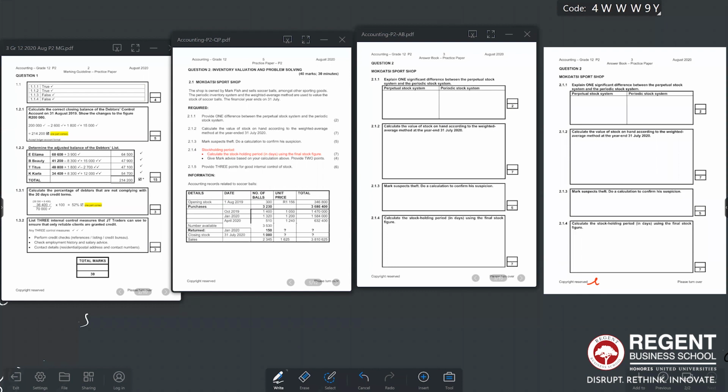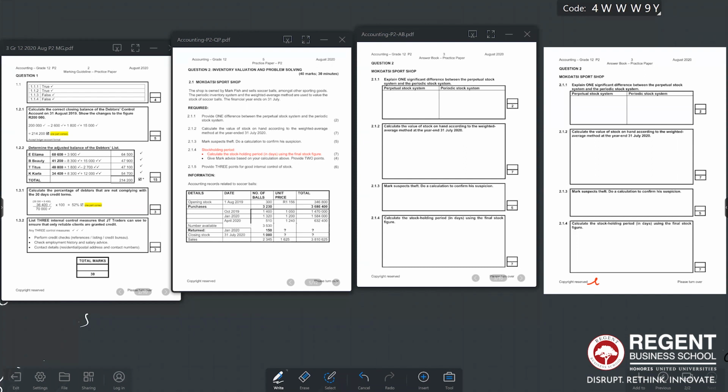The second question: calculate the value of stock on hand according to the weighted average method at the year end, 31st of July. Now they want you to work out the value of your closing stock using the weighted average method. To do that, take the number of units you have at the beginning, plus how many more units you bought, minus any returns, and you know exactly how many units you had available for sale.